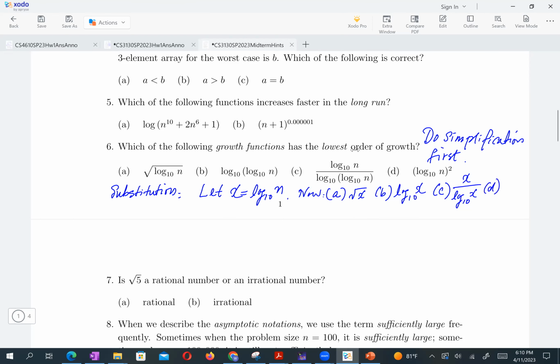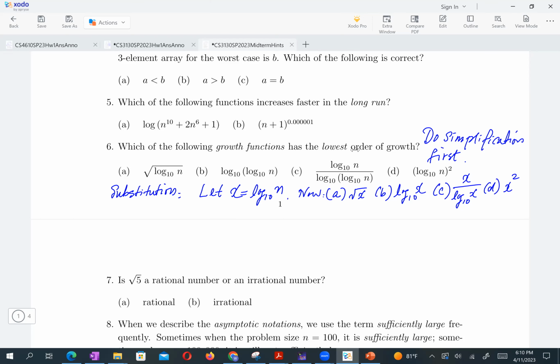After you make this simplification, can you see the order of growth better in the new forms? Because it's much simpler, right? Much simpler than before, but essentially the same thing. But you can see the whole picture much better in this way.